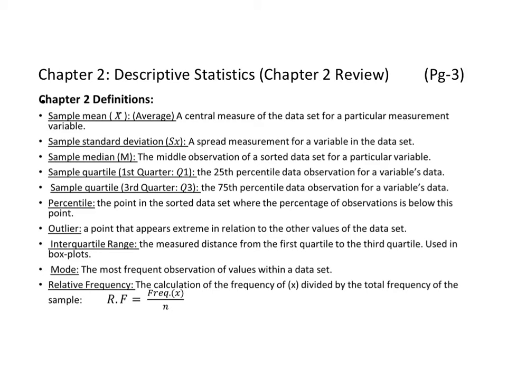Theoretically, actually, the middle observation is at the 50th percentile, and so the median is at the 50th percentile of the data set. The sample quartile, the first quartile, Q1, is the 25th percentile data observation for a variable's data.